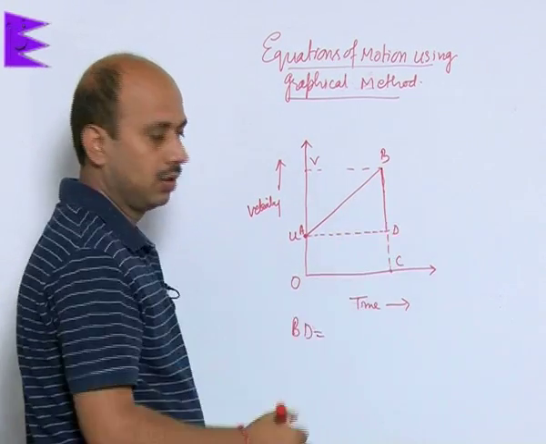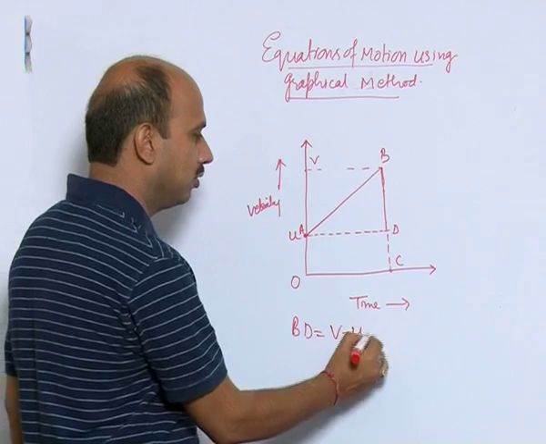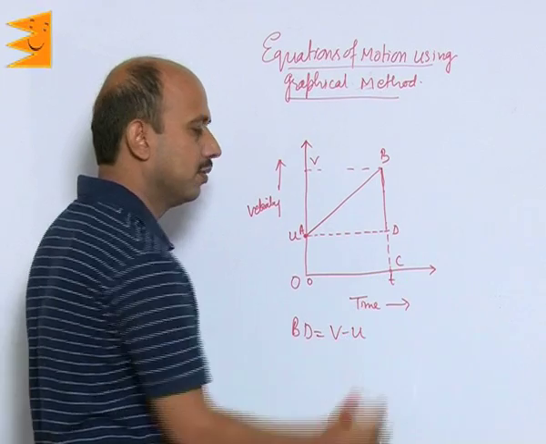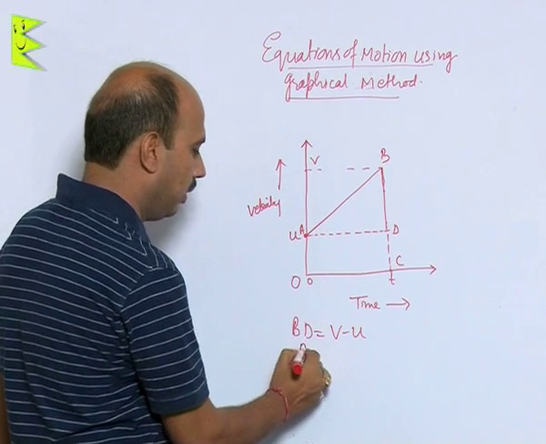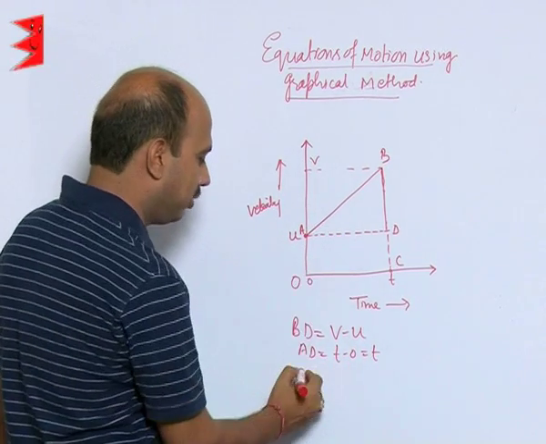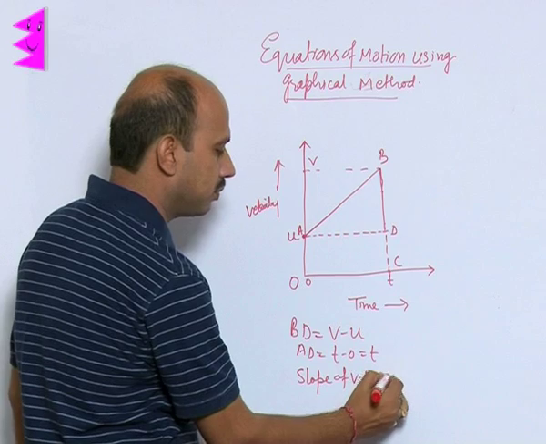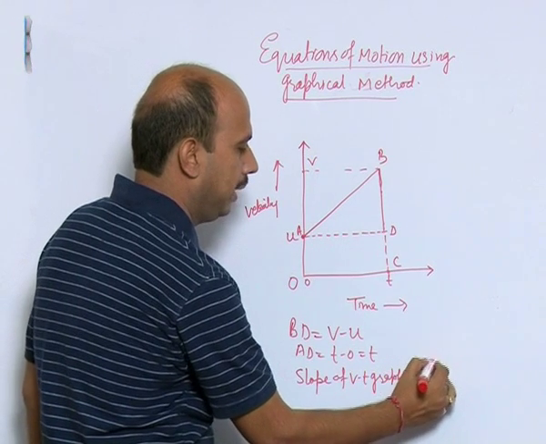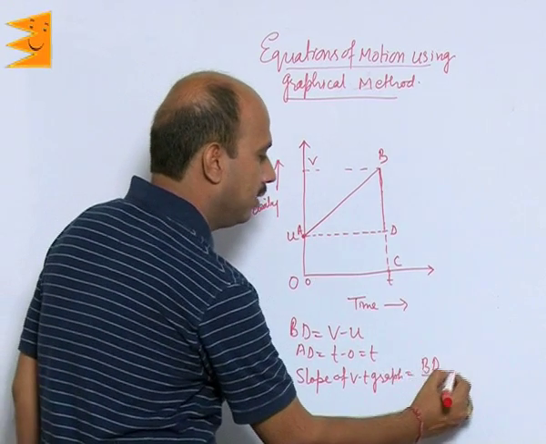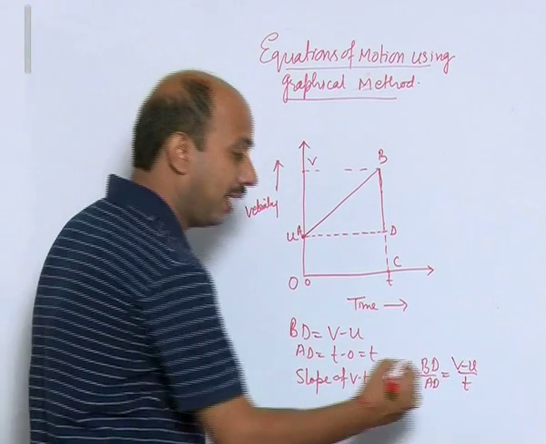From here to here this is V, from here to here this is U. So we can write BD is equal to V minus U. I have taken 0 as time here, and this we take as T. So AD is equal to T minus 0, that is equal to T. Now the slope of the VT graph is equal to BD upon AD, which is V minus U upon T, which is equal to acceleration.